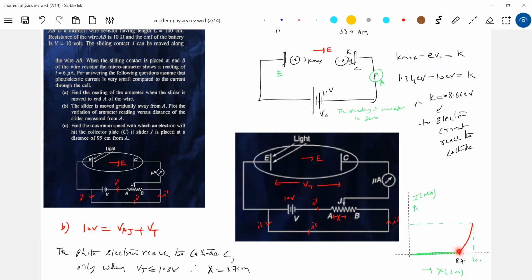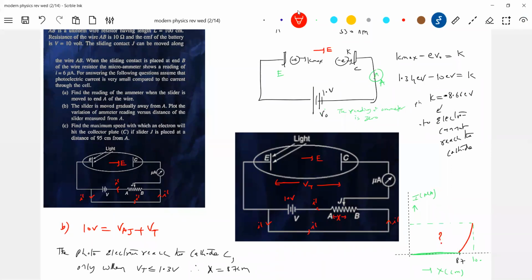After this, they don't have energy to reach that particular plate, and after this, they'll start reaching. Okay, anyway, I'll think over the exact curve. I'll put a question mark.